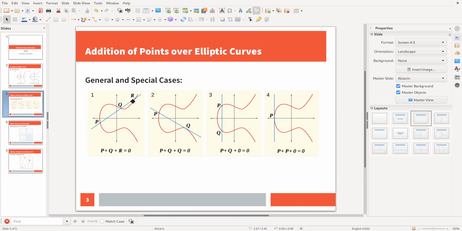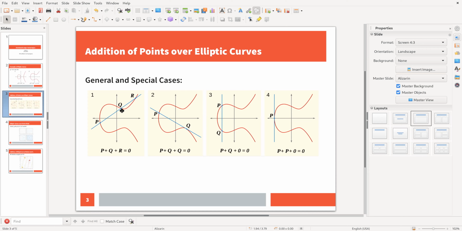There would be a third point R where this line intersects the curve, whatever pair of P and Q you construct. Well, there might be a certain situation when, like here, for example, your line PQ is tangential to the elliptic curve in point Q, right? In that case, the third intersection point is supposed to coincide with Q.